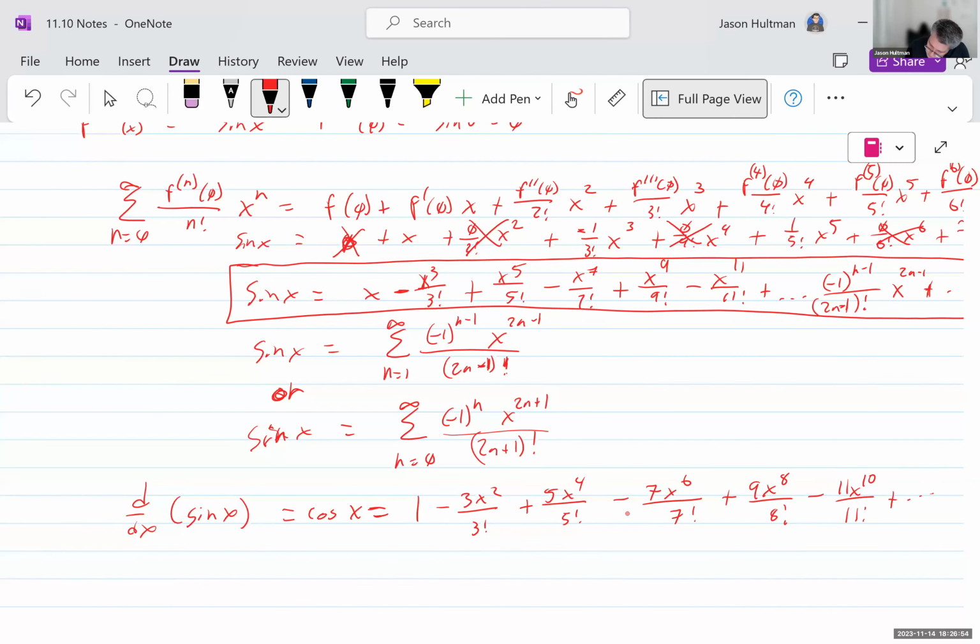Okay, so now some things cancel out. Well, 3 factorial is just 1 times 2 times 3. And so the 3 cancels, and it really leaves me with 2 factorial. So cosine x is equal to 1 minus x squared over 2 factorial. Plus, this 5 is going to cancel with the 5 factorial, leaving me with 4 factorial. Okay, so this 5 factorial becomes a 4 factorial.